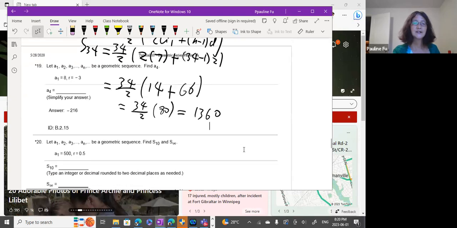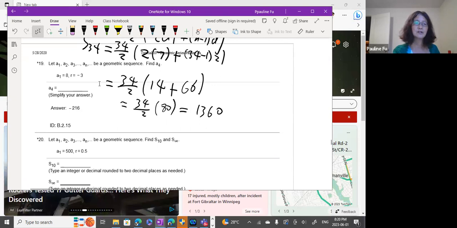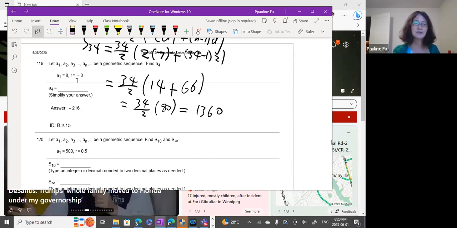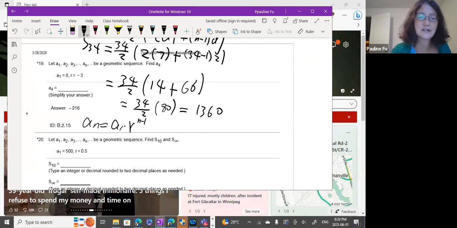Question 19. Let A1, A2, An be a geometric sequence. Find A4. So A1 and r are given. What is A4? Okay. So let's try An equals A1 times r to the n minus 1.